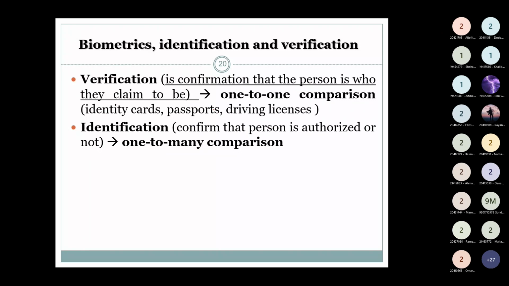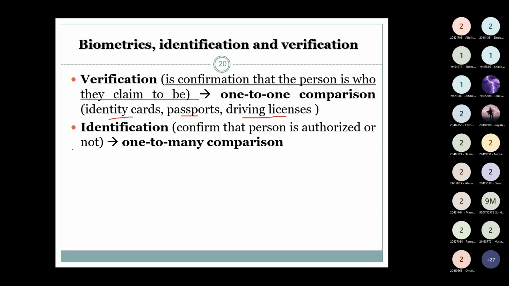Verification now versus the identification. So what does it mean? Verification is the confirmation that the person is who they claim to be. Okay, so it will be a one-to-one comparison. For example, from your identity cards, from your passport, from your driving licenses, etc. But identification is a confirmation that the person is authorized or not.